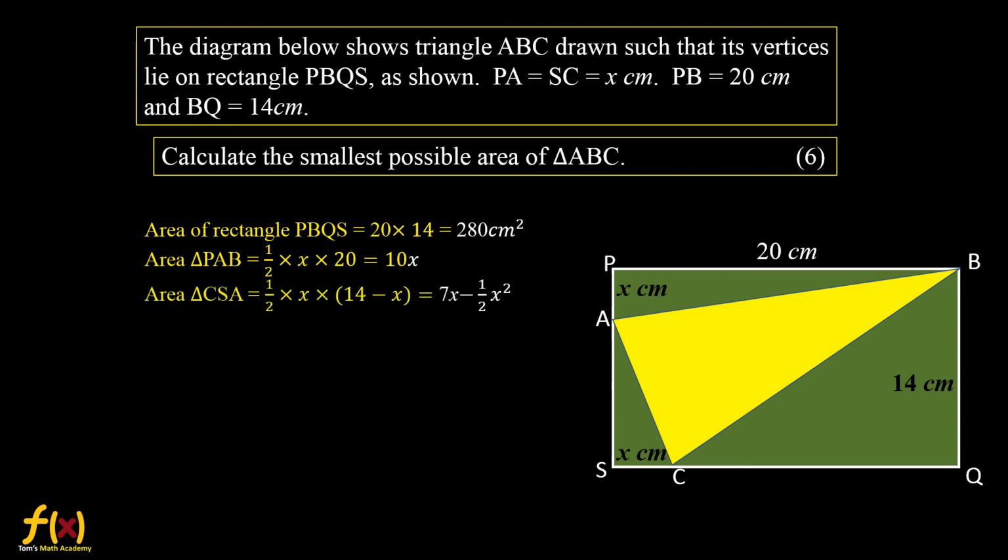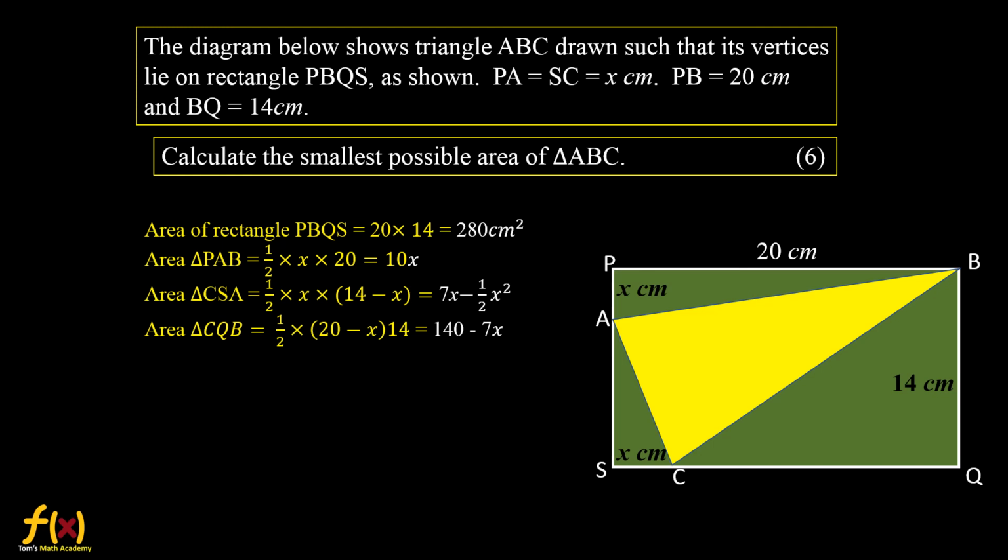Then area of triangle CSA, half times x times, what is the height? 14 minus x. Okay, we get 7x minus half x square when you simplify. Third triangle CQB, half times base is 20 minus x, height is 14, so we get 140 minus 7x.